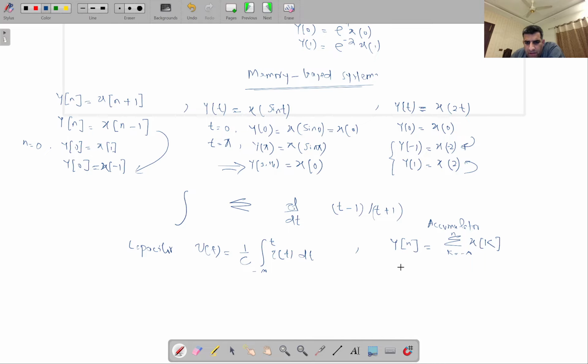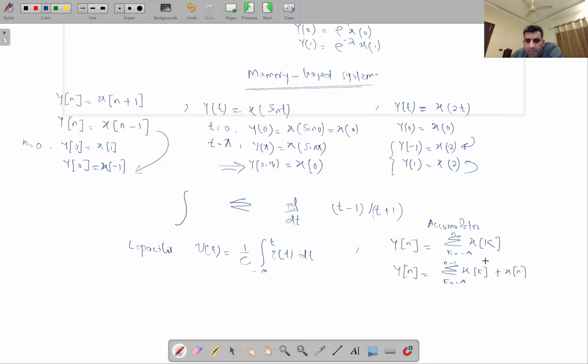So I could have written this like this, y of n. If we break this limit, and instead of n, we take it up to n minus 1, and then this is the sum of x of k plus x of n. So what I've done is from limit minus infinity to n, I have taken the limit up to n minus 1, and x of n is the remaining term which is written over here.